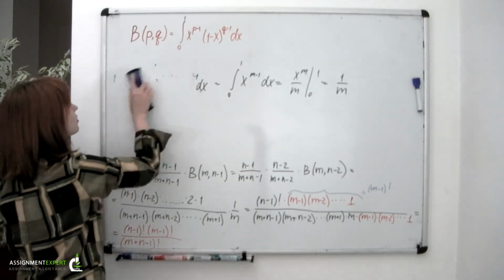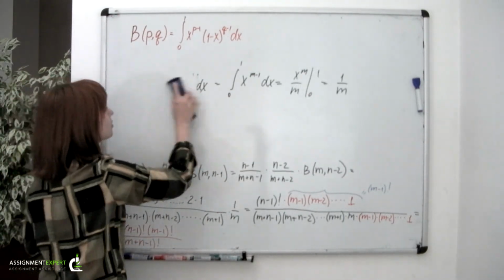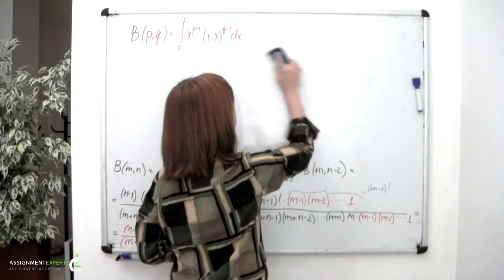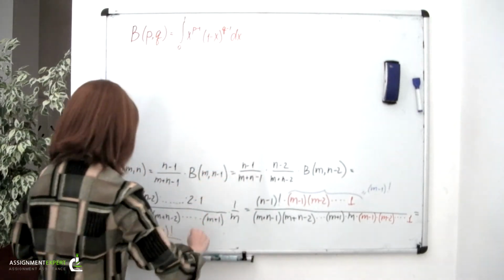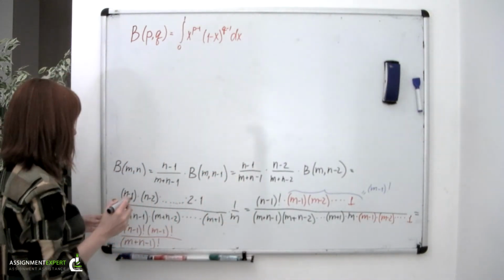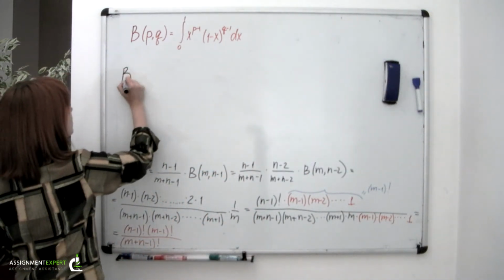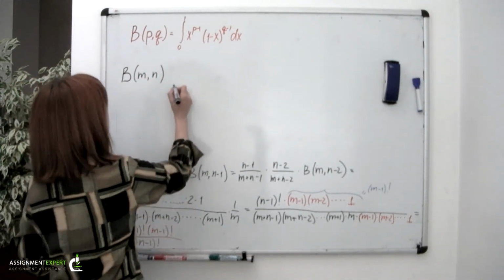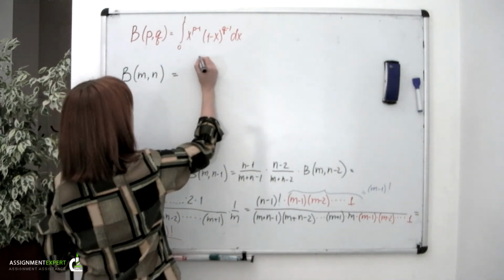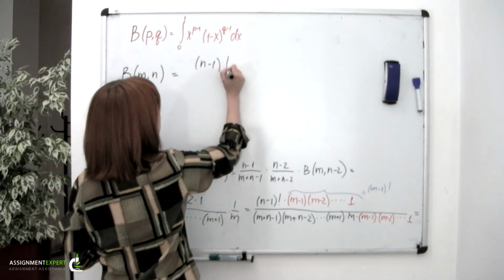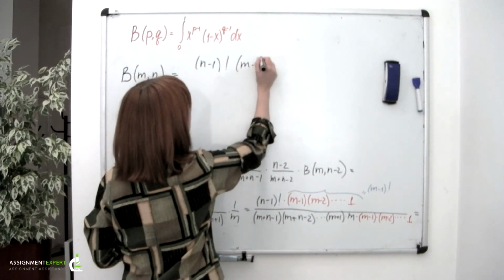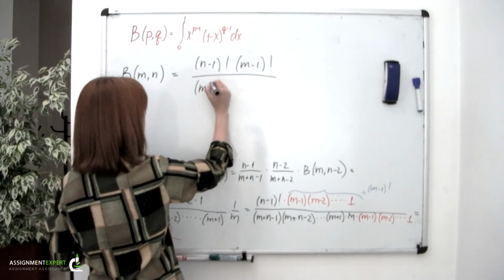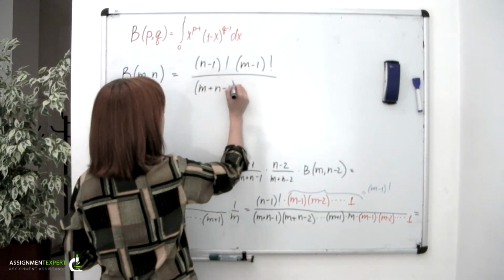Let me write it one more time. So another property we've discussed is that beta function of two integers m and n equals (n minus 1) factorial, (m minus 1) factorial over (m plus n minus 1) factorial.